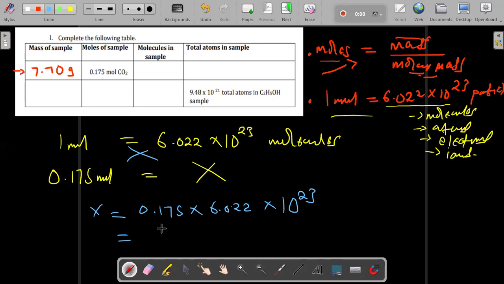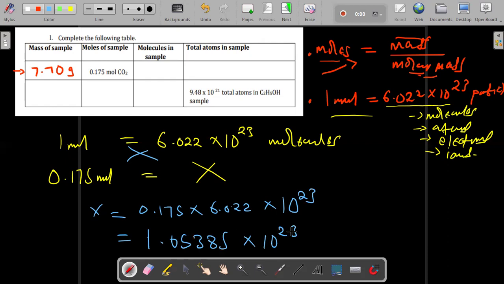So just go on your calculator, you punch 0.175 multiplied by 6.022 multiplied by 10 to the power 23. When you multiply that, I'm getting my answer as 1.05385 multiplied by 10 to the power 23.